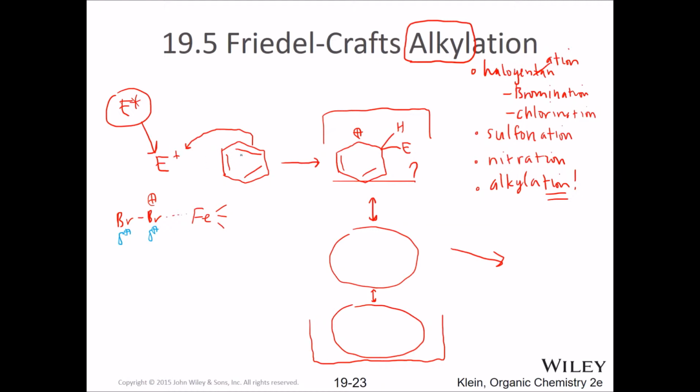And consequently, the pi electrons attacked that guy, right? Okay, and then these ones went over here. So you should go back and review all of these mechanisms, maybe even before you start this video, because you'll see some similarities, and it will help you, and you'll see some differences, and the differences will help you appreciate the similarities. So, all right.